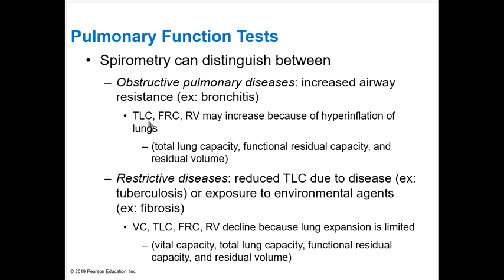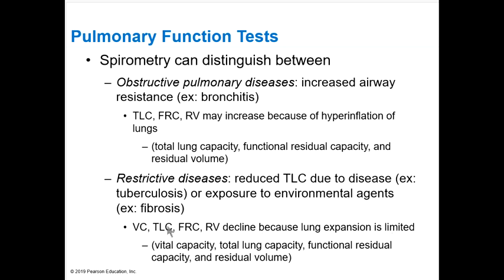Total lung capacity, functional residual capacity, and residual volume actually increase because the lungs are hyperinflated to try to compensate for the obstruction. If it's a restricted disease, like tuberculosis or exposure to environmental agents, for example, something restricting respiration will cause these capacities or volumes to decline because expansion is limited.